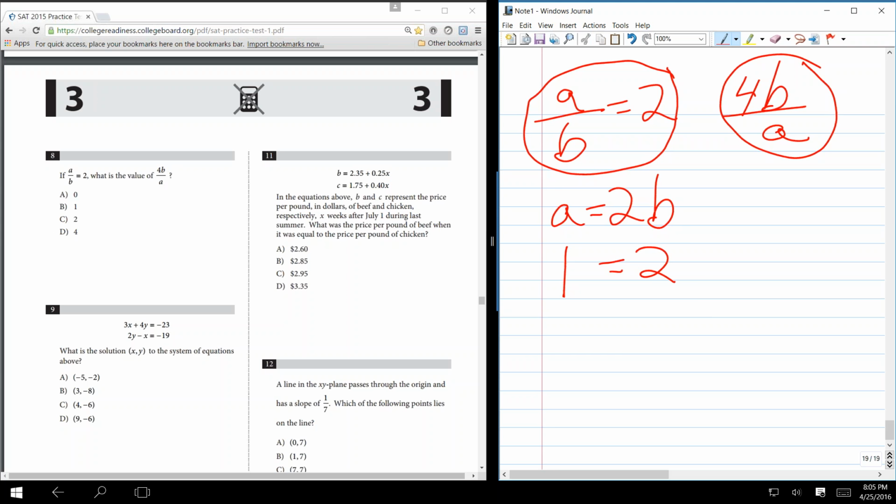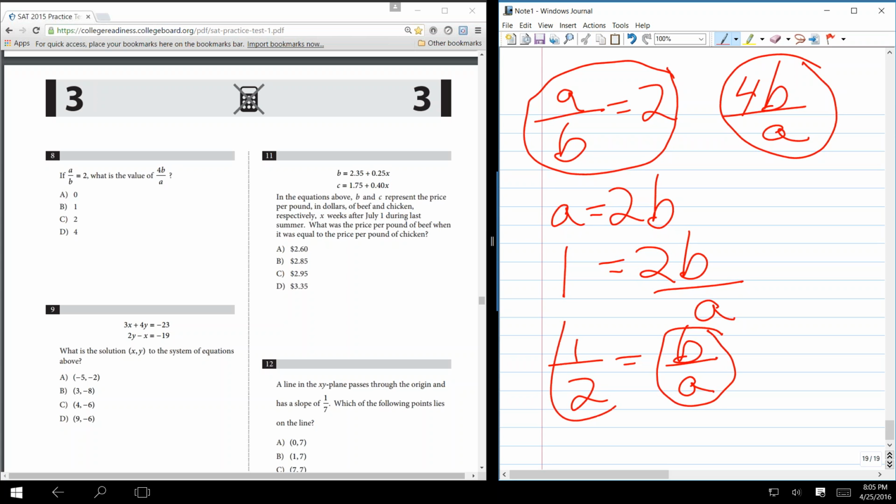So I get 2b over a. Now, if I divide both sides by 2, I get 1/2 equals b over a. So I've solved for b over a. What's 4b over a? 4 times that. Oh, yeah. Which just gets you 2.